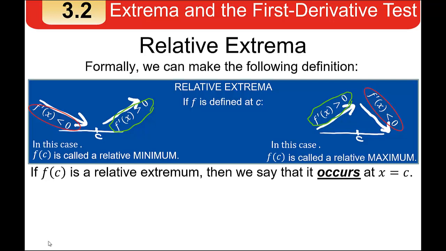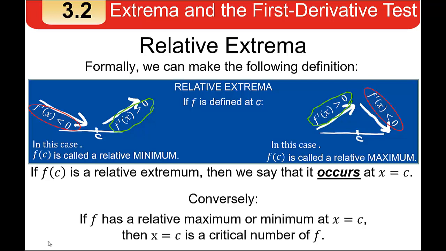Again, just basically vocabulary. The f of c value is the relative max or min, and where it occurs is the x equals c value. And a problem might ask you for both, or it might ask you to find the relative max or min. That would be the f of c value. It might just ask you to find where the max or min occurs, and that would be the x equals c value.